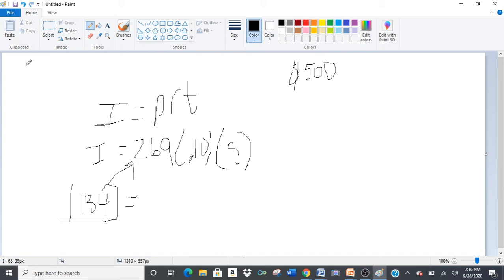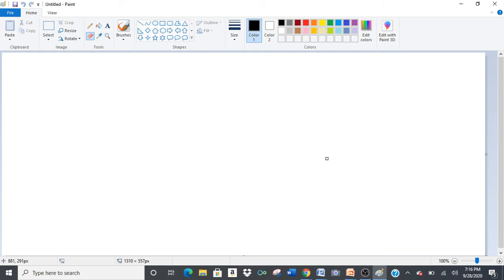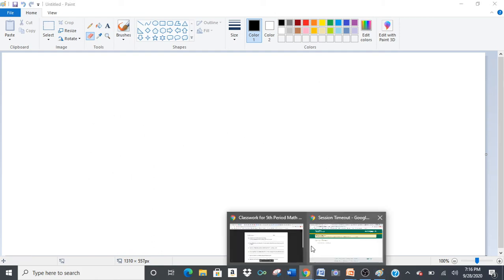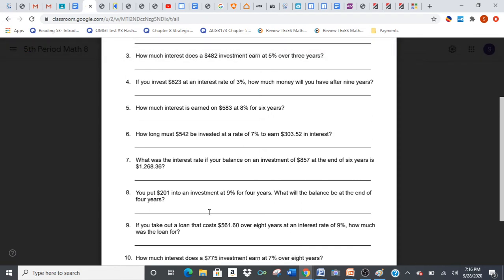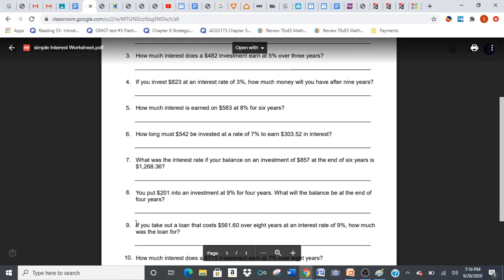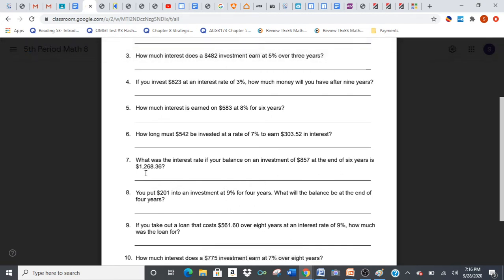All right. Here, we'll kind of go over that real quick. All right, let's go over number 7. What was the interest rate if your balance of an investment of $857 at the end of 6 years is $1,268.36?